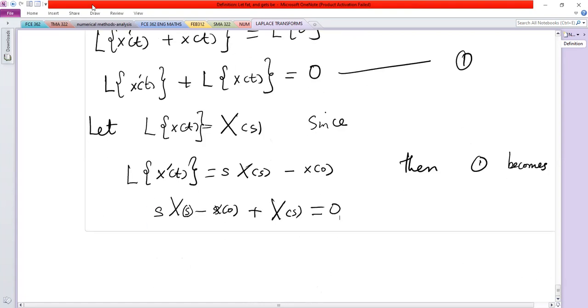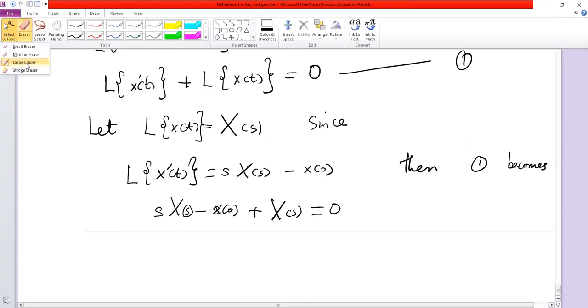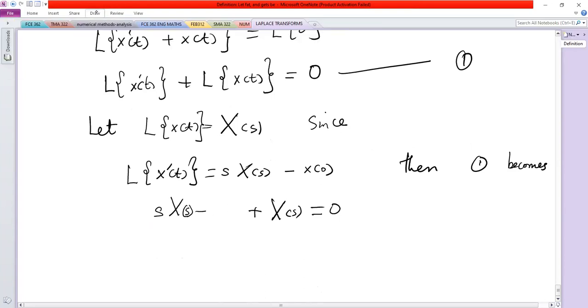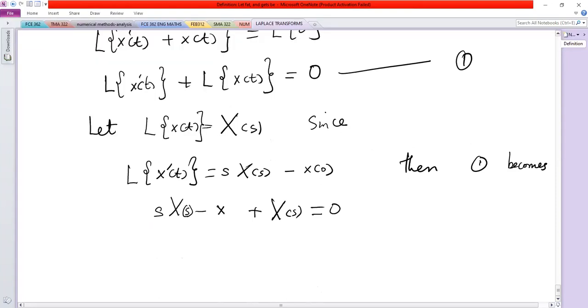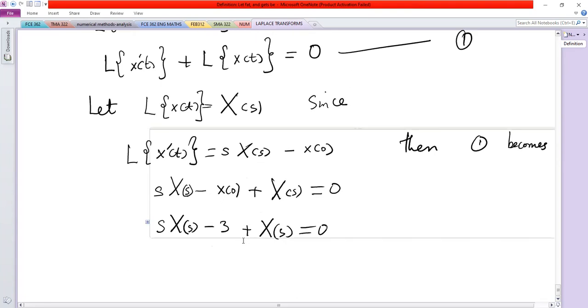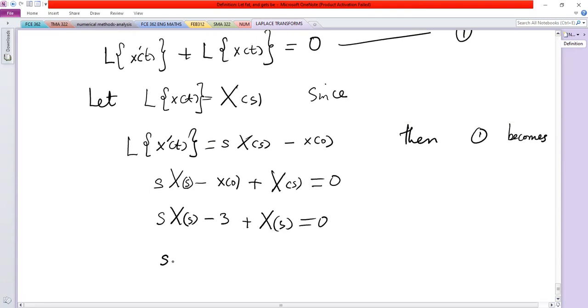Now, from the question, the value of x at 0 is given as 3. So I replace x(0) by 3. It's the same thing as sX(s) minus 3 plus X(s) equals 0, which on collecting like terms will have (s plus 1)X(s) equals 3.